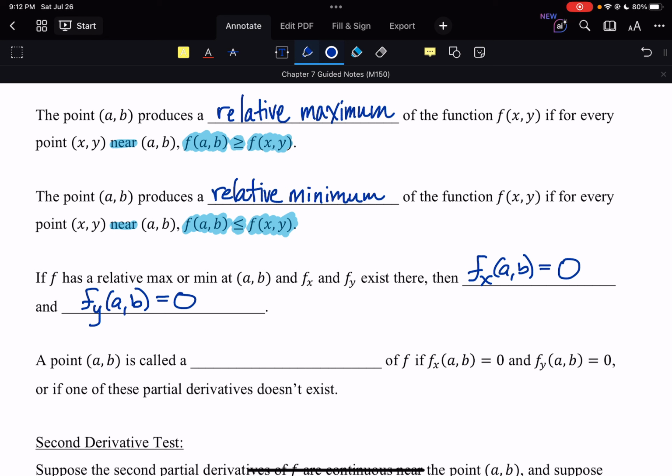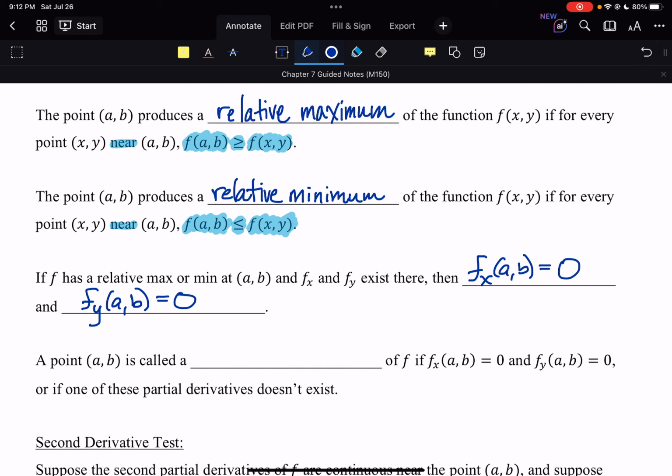Back in single variable, we had a relative max or min, and the derivative existed there, then that told us that f prime of x was equal to 0. But now we don't just have f prime anymore. We have two derivatives, f_x and f_y, the two partials. So both of those are equal to 0. Now, this is saying if we already know that there's a max or a min there, then this is true.